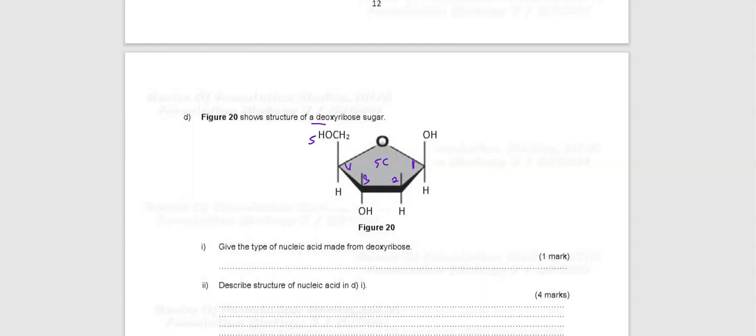You always have to remember that at carbon number 3 there is a hydroxyl group that is involved in the condensation reaction that joins the nucleotides together to form a polynucleotide. At carbon number 2 you have a hydrogen atom. If this diagram were the structure of a ribose sugar, carbon number 2 would have a hydroxyl group.